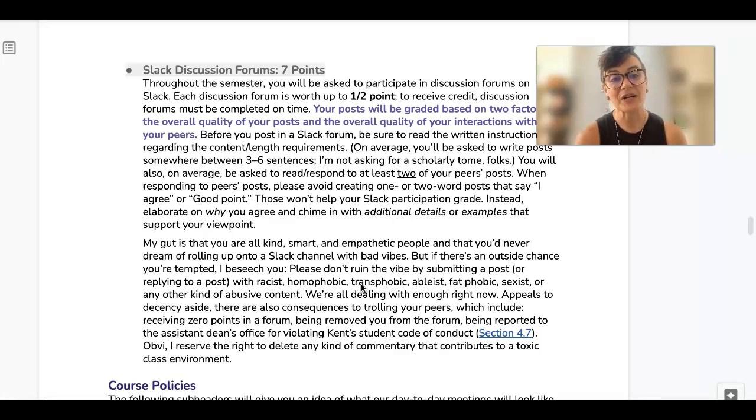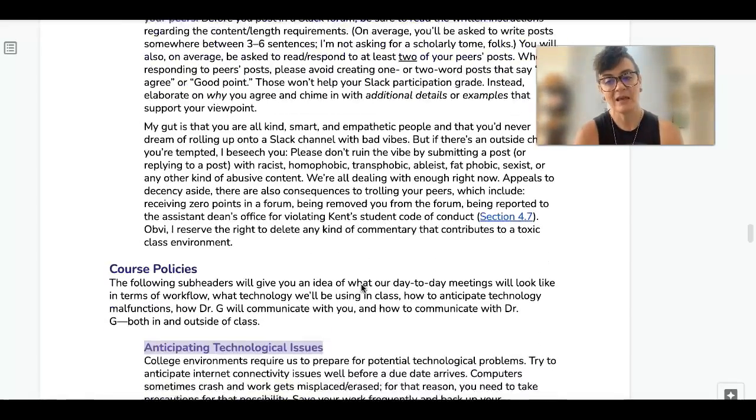So we're going to have Slack as this kind of real-time place to experience community in the class, and to get questions answered by me during my office hours, etc. All right, so it's just going to be a good tool. There's also a place where you can just drop in and ask me stuff instead of having to email me. So it's neat. All right, but Slack discussion points, there are going to be some of those.